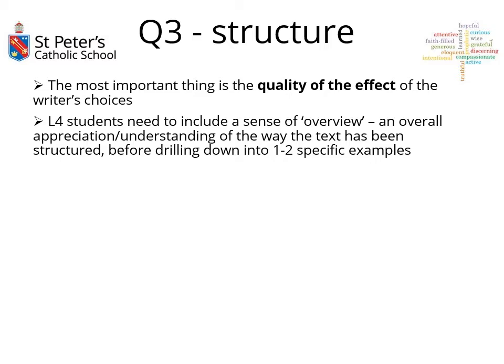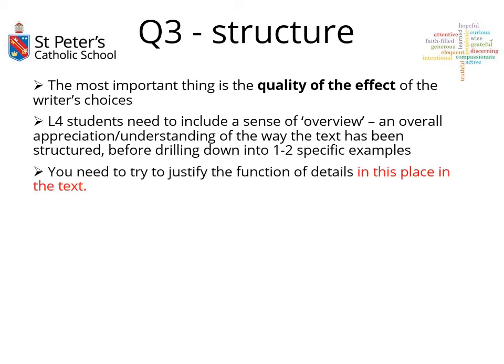So you might say, the text initially establishes a quite melancholy tone, but then about halfway through shifts suddenly into a more positive description as we see. So you can see how you're looking at the tone or the style that's being established to help you with structure.